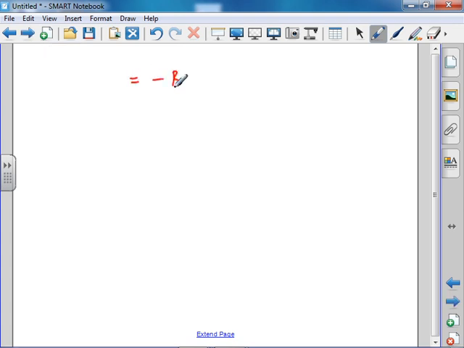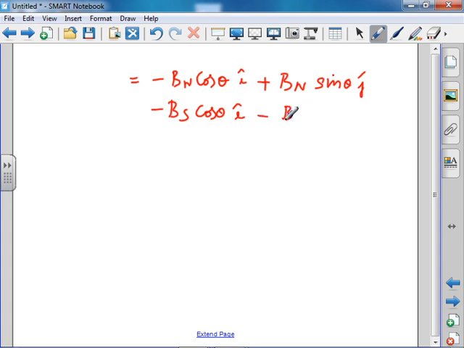It is Bn cos theta i cap plus Bn sin theta j cap minus Bs cos theta i cap minus Bs sin theta j cap.